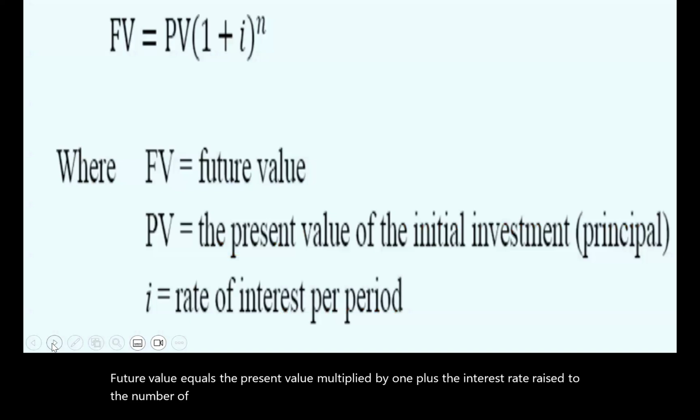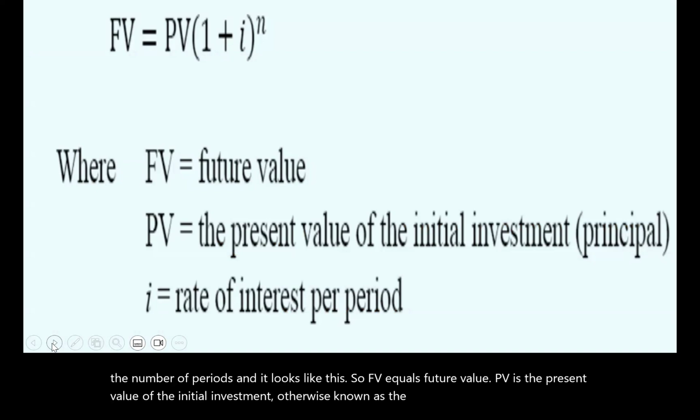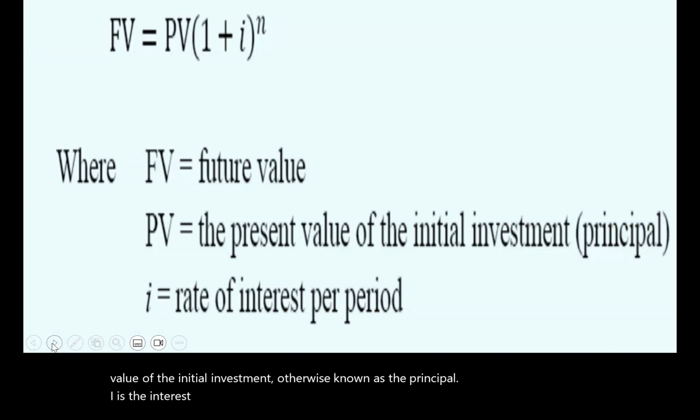FV equals future value. PV is the present value of the initial investment, otherwise known as the principal. I is the interest rate, and N is the number of periods.